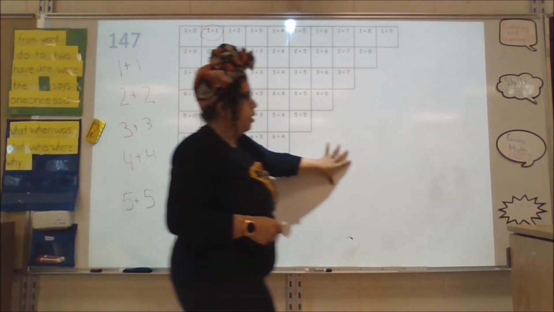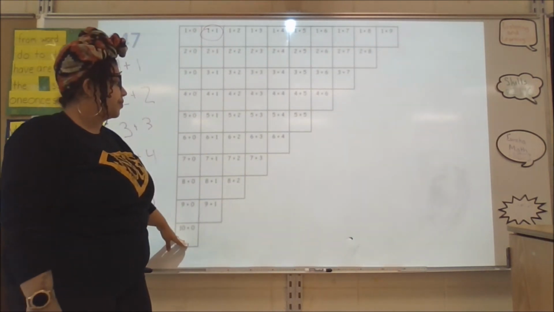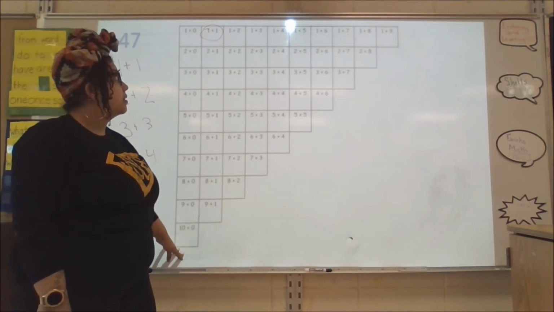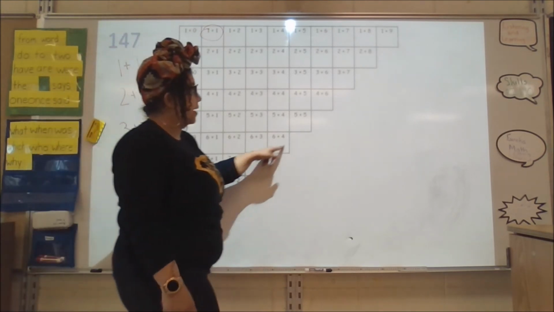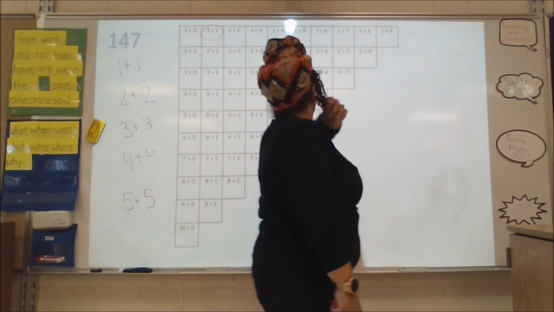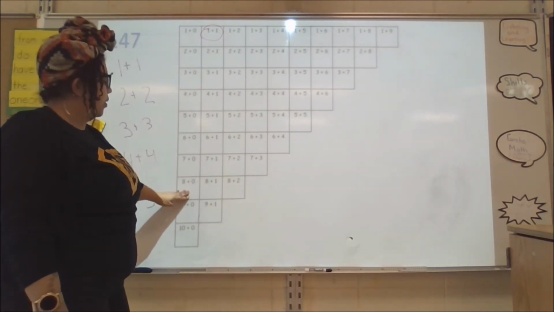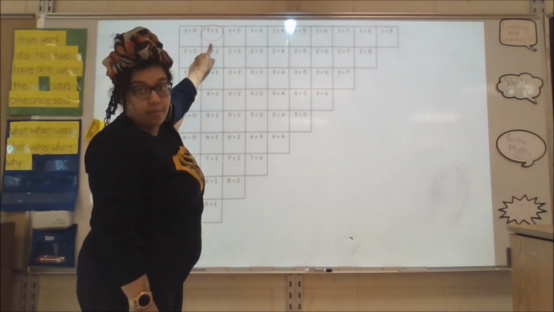It could keep on going, but that's why it's written the way it is. These are all the ways to combine your parts until you get to 10. So 1 and 1 is a double of 2.